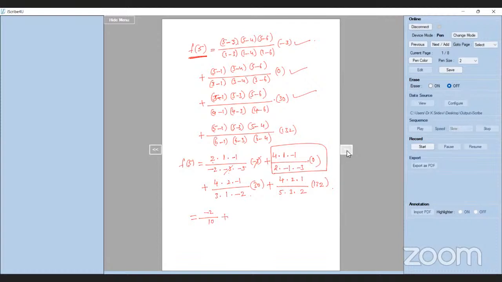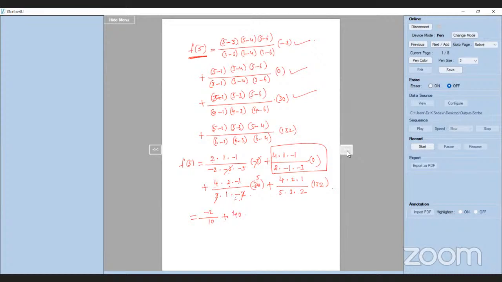Next one, plus 3 2s are 6, 6 5s are 30. So here minus minus plus, 4 2s are 8, 8 5s are 40.